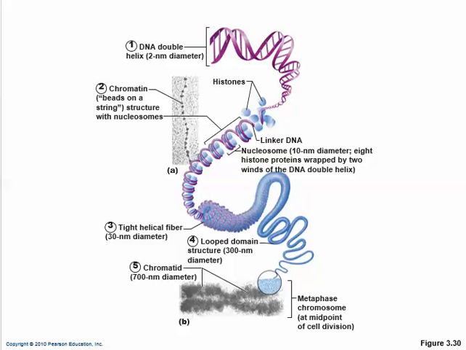It ends up looking like this, chromosomes out to chromatin. We'll talk about how this gets duplicated, and we'll talk about how it gets used in the next video.